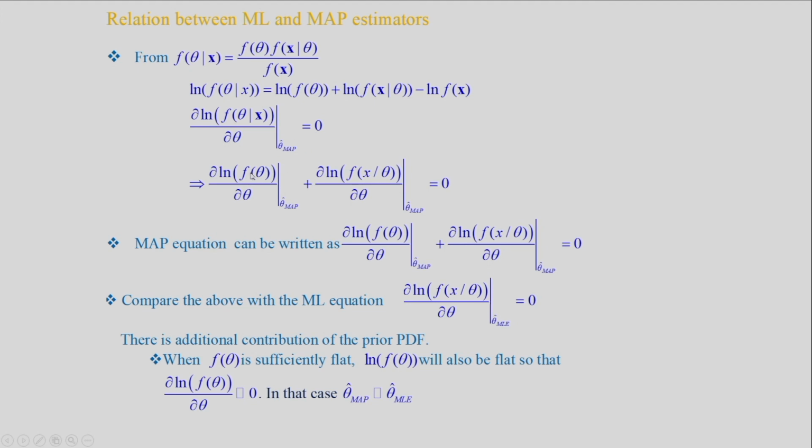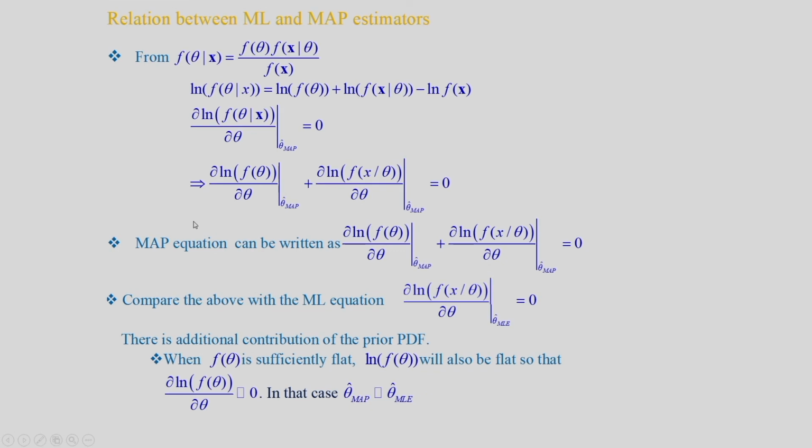That will imply that del theta of log of f theta plus del theta of log of f x given theta at theta hat MAP must be equal to 0. So, therefore, we have this MAP equation: del theta of log of f theta plus del theta of log of f x given theta at theta hat MAP must be equal to 0.